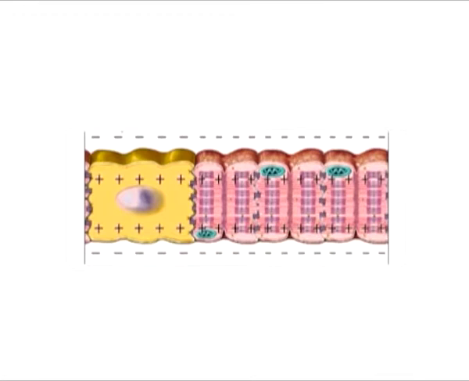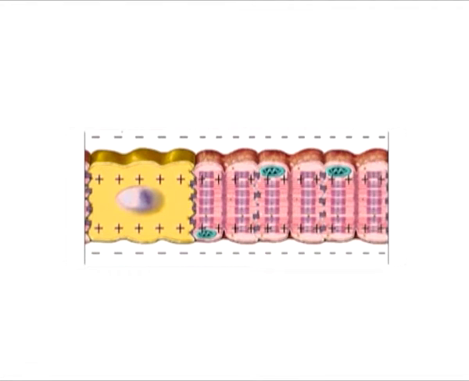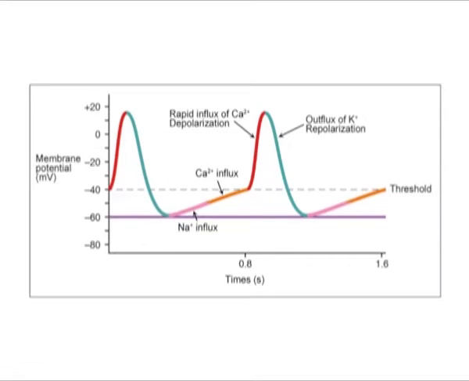The impulse originates due to prepotential caused by slow influx of sodium ions until the threshold is reached, followed by a rapid depolarization and repolarization. The prepotential initiates the spontaneous depolarization and contraction of the cell.